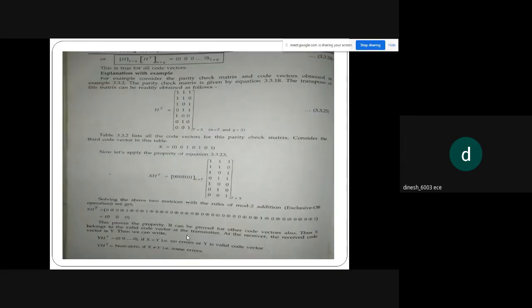X is your transmitted code vector. We need to find if it is 0, then we may say Y is without any errors.